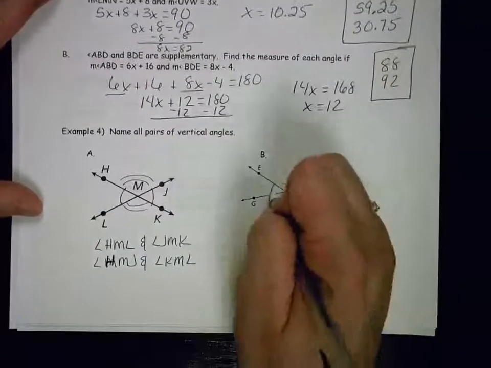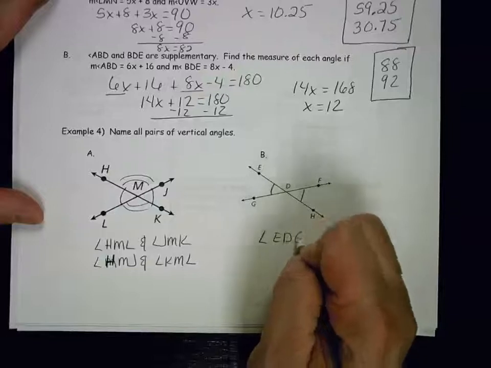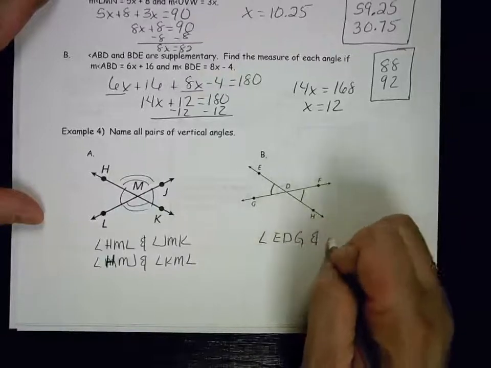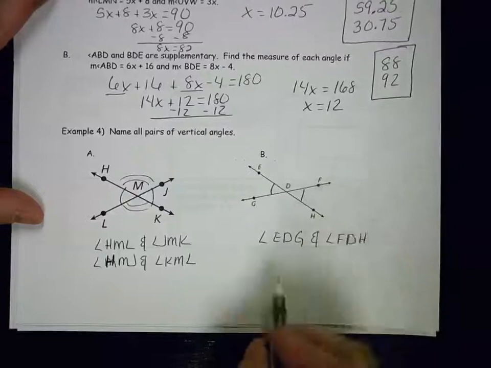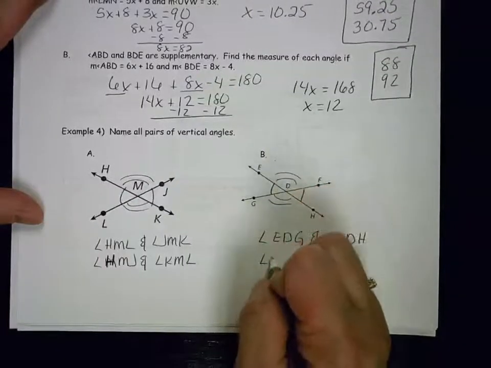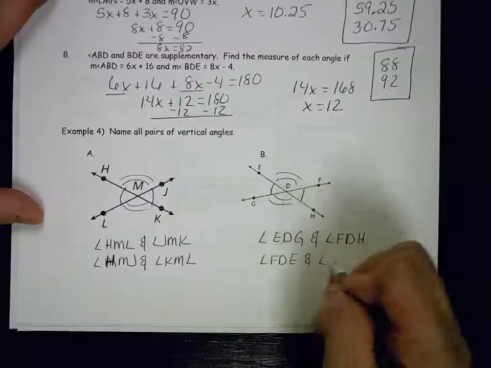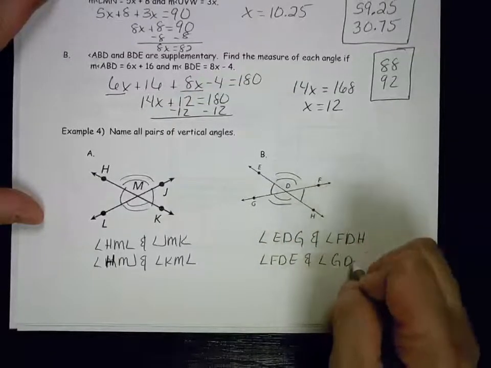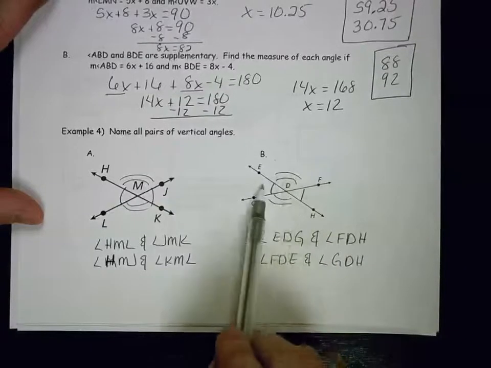Example B, you will have angle EDG and angle FDH. And then our second set, angle FDE and angle GDH. So these two right here are vertical, these two right here are vertical.